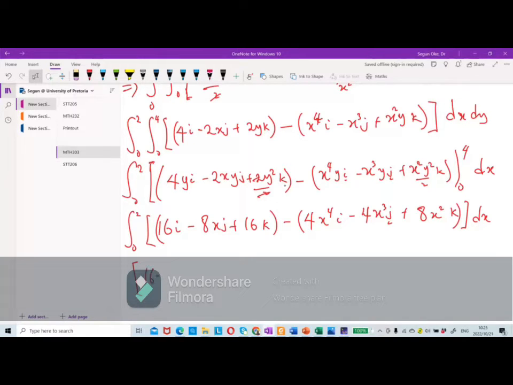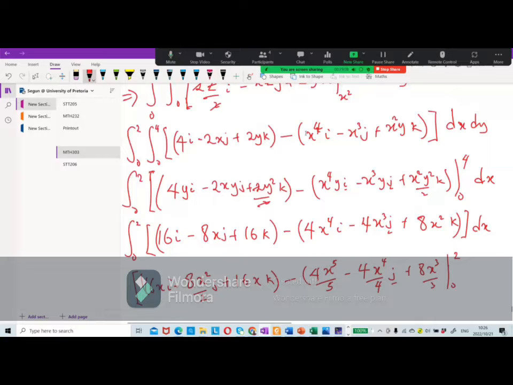Integrate this one with respect to x. 16xi minus 8x squared over 2j plus 16xk minus 4x raised to the power 5 over 5 minus 4x raised to the power 4 over 4 plus 8x raised to the power 3 over 3. You don't need to put plus c because they will cancel by the time you substitute.